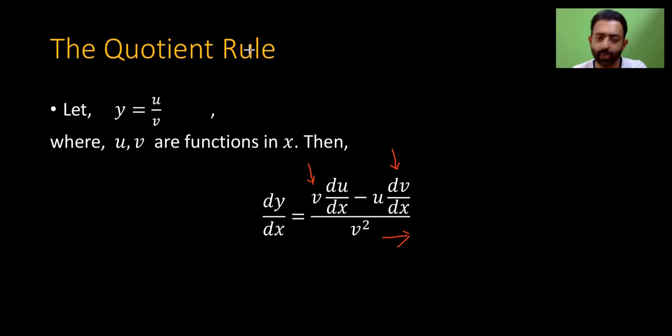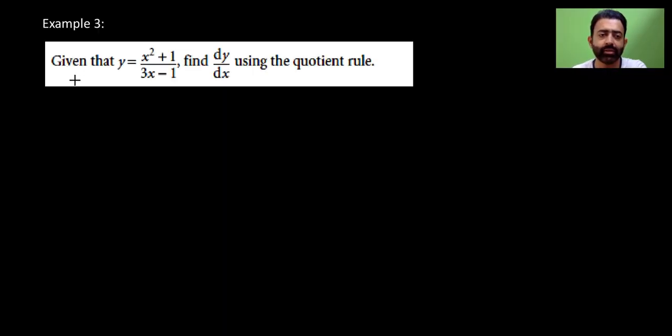So let us do a simple example. It says that we have to differentiate this using the quotient rule, and if it doesn't say that, then it is implied that since two functions are in fraction form, we have to apply the quotient rule. So dy by dx is: I will square the denominator, so 3x minus 1 squared.